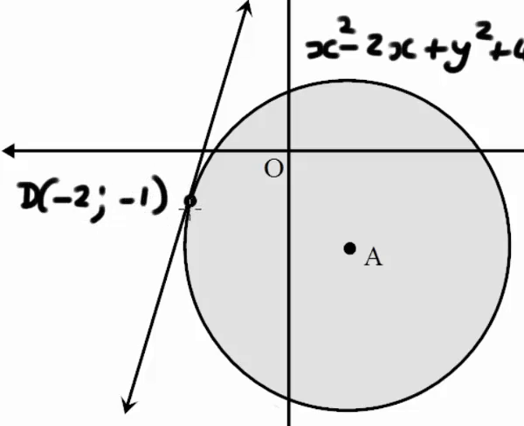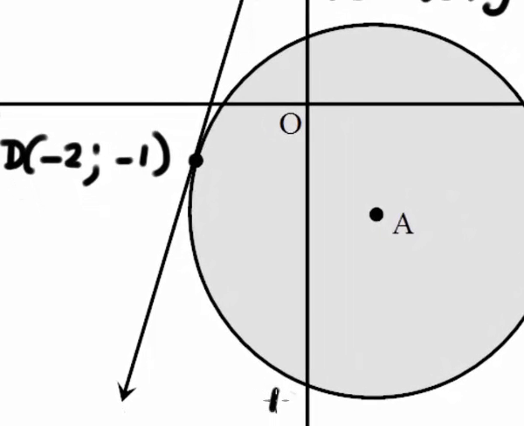That's the point D there. O, of course, is the origin, A is the center of the circle, and the circle is cutting the y-axis at the points B and C. So it cuts there and there.